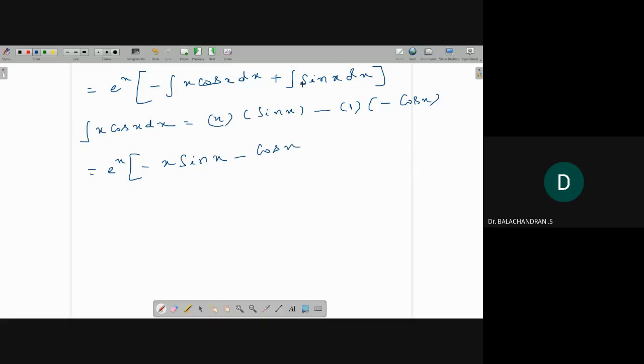If you integrate sin x, you get minus cos x. So final answer is, to take minus commonly, minus e power x, x sin x plus 2 cos x. So this is PI. So y is equal to CF plus PI.